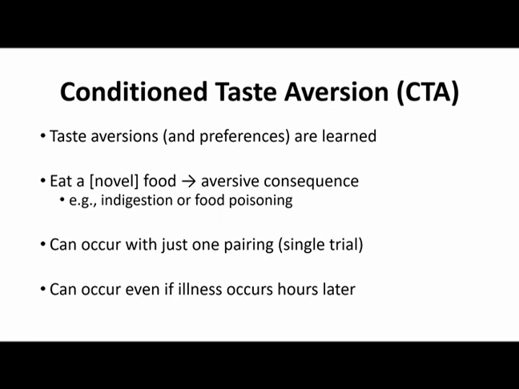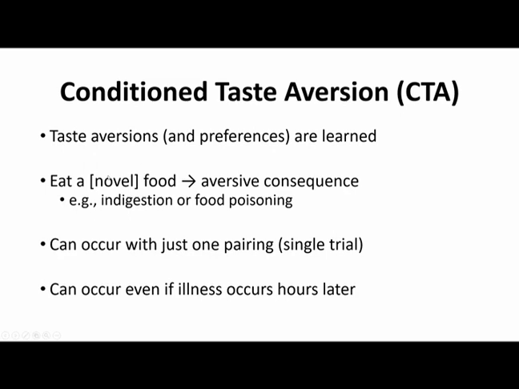This usually happens when we eat a novel food. It doesn't have to be a novel food, but it usually works best if it's a food you've never had before or something that's a little bit weird or different. And as a result of eating that food, or maybe even just by chance it happens to occur shortly thereafter, you have some sort of aversive consequence.